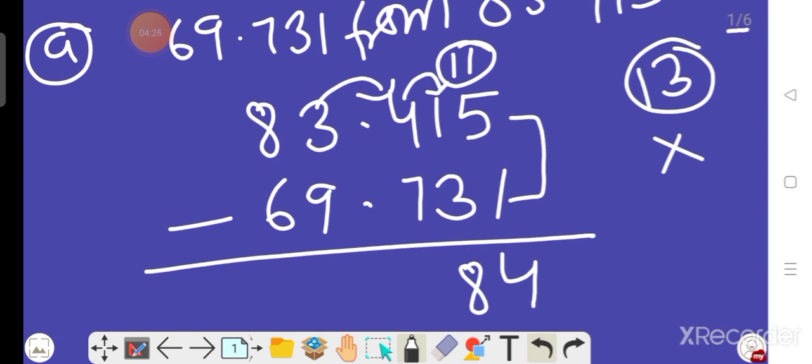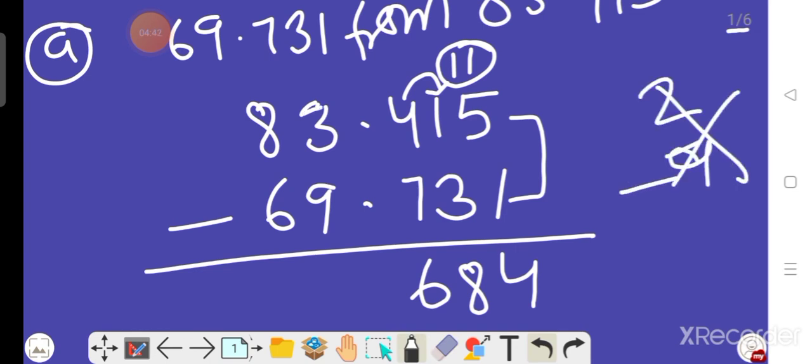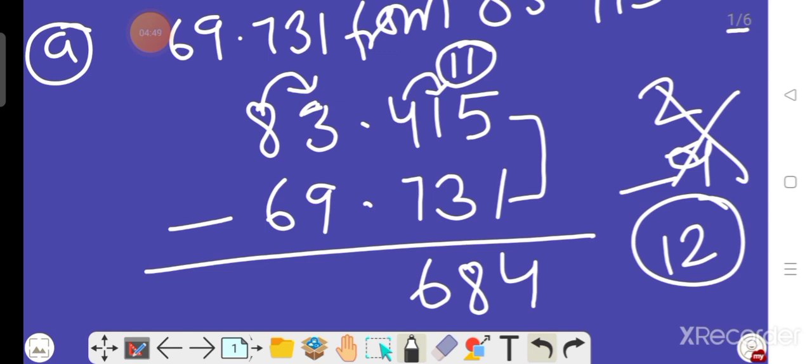So 13 minus 7 is equal to 6. Okay, as we have taken 1 carry from 3, this 3 will become 2. So 2 minus 9 is also not possible, so again we will take a carry from 8. After taking carry, this will become 12. So 12 minus 9 is equal to 3.